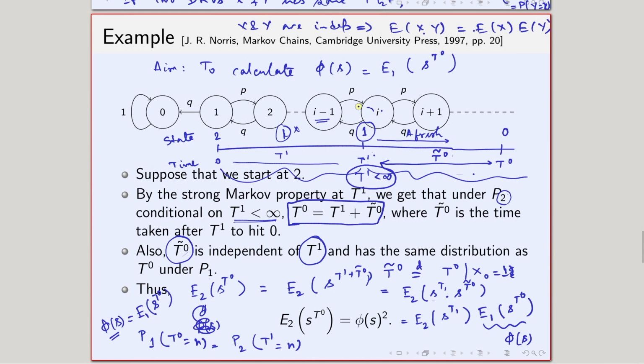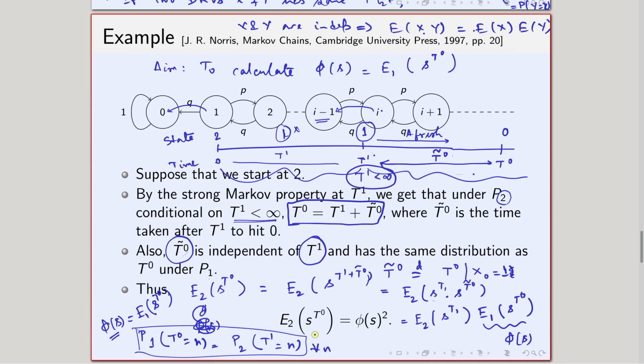Whether I am moving from this to this or from this to this, the distribution will remain the same, because for this Markov chain the probability of going right is p, no matter which state I am starting from. Similarly, going left is q, no matter which state I am starting from. So that's why this is true, and this is true for all possible values of n.